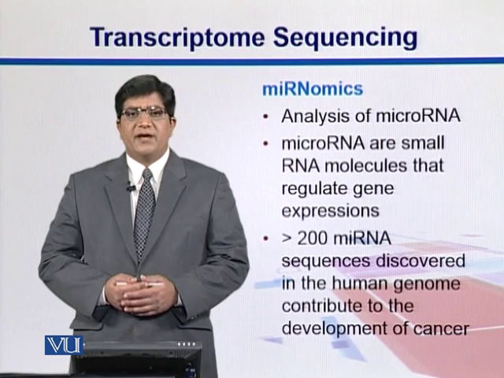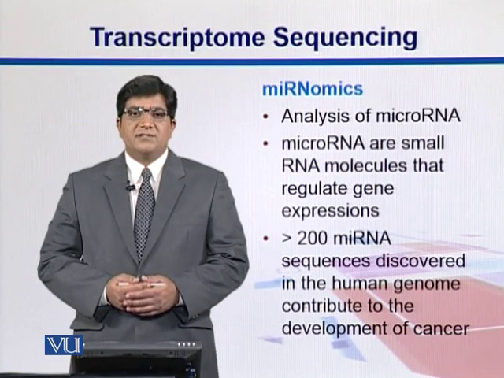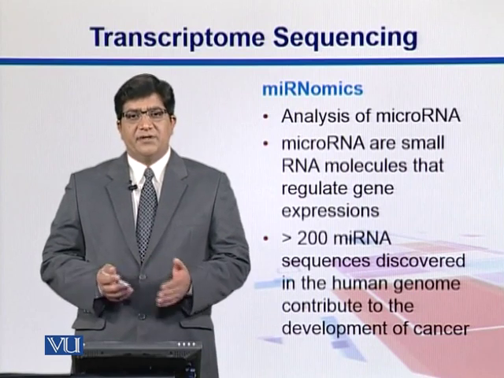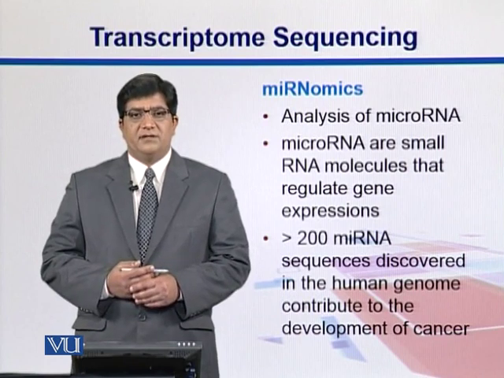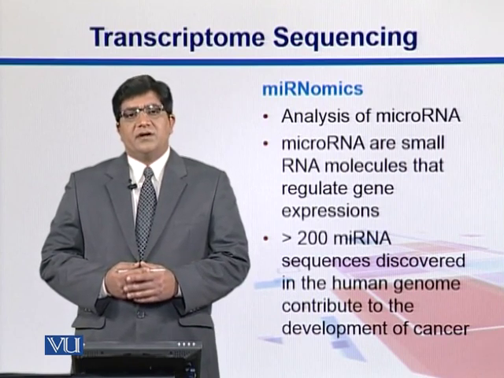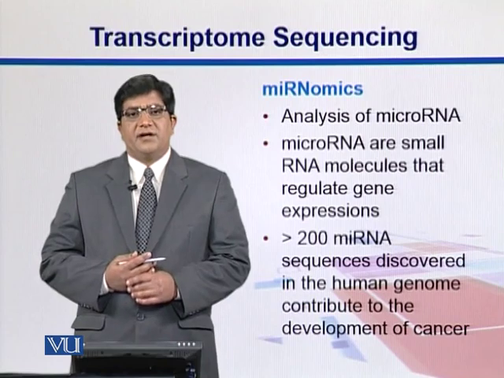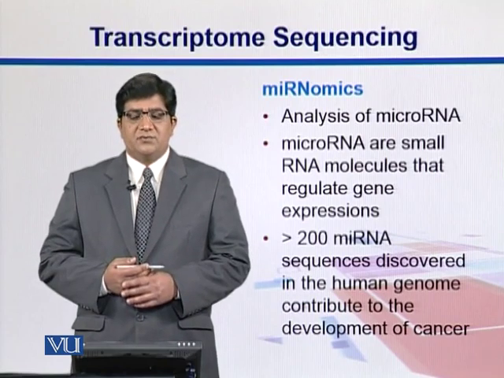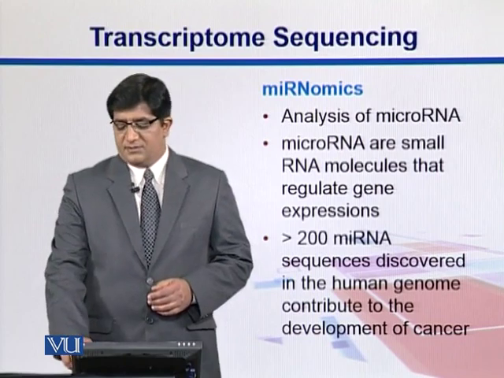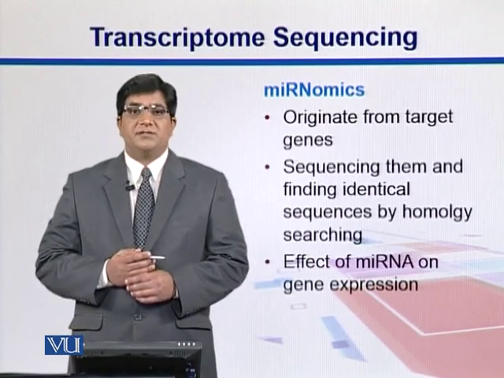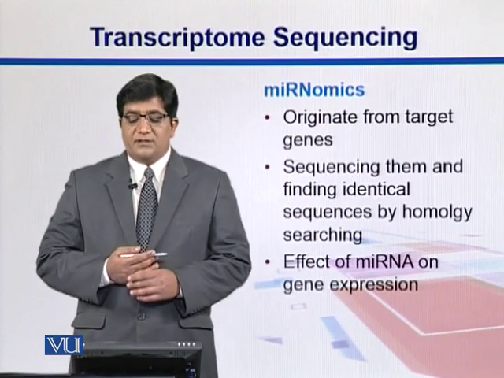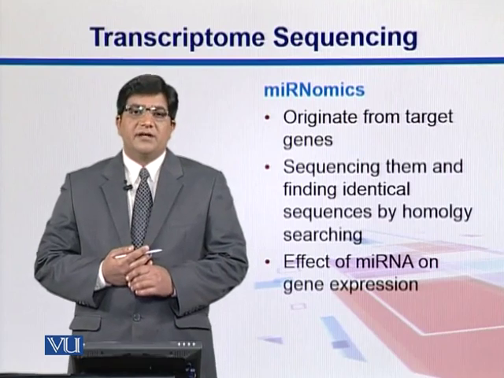Genomics is the study of microRNA. MicroRNAs are small molecules, about 22 nucleotides in size, and so far in cancers they have identified over 200 microRNAs. So microRNA study is really important if we want to study gene expression. They are believed to originate from the target genes.